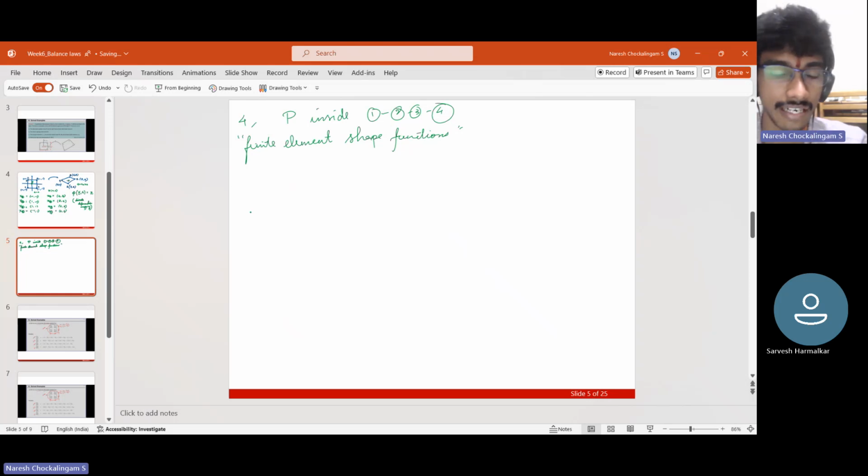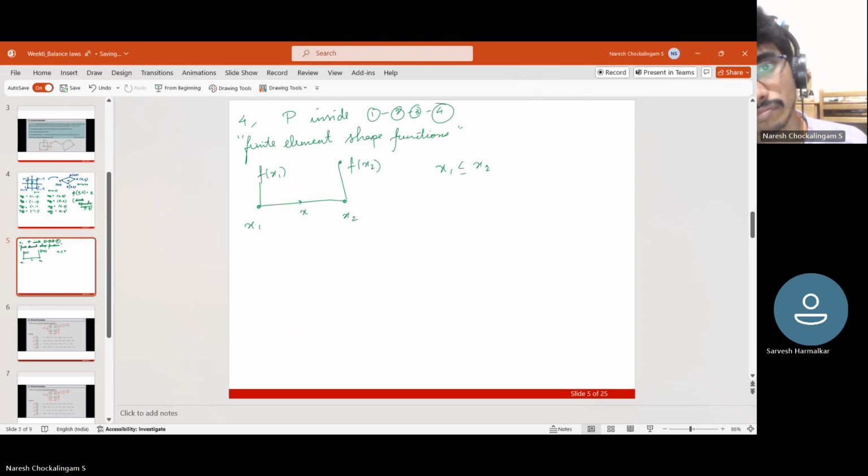So you may be aware of interpolation in one dimension. You have a point x1, you have a point x2, and you know the value of a function f of x1, and you know the value at some other point, f of x2. Suppose you are given a point x somewhere in between the two, and you're asked to estimate what is f of x.